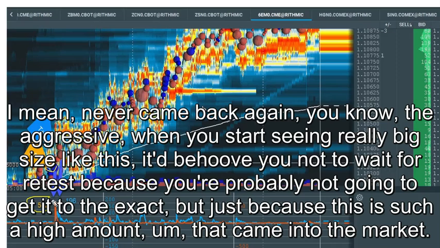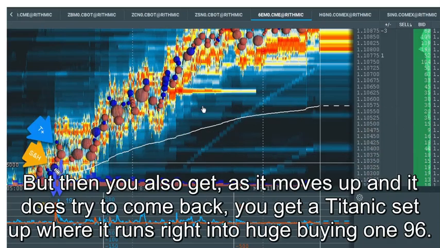When you start seeing really big size like this, it'd behoove you not to wait for a retest, because you're probably not going to get it to the exact level, just because this is such a high amount that came into the market. But then as it moves up and it does try to come back, you get a Titanic setup where it runs right into huge buying, 196.